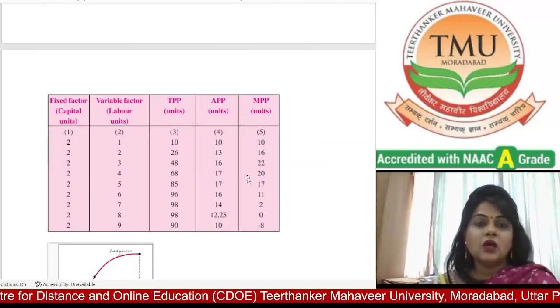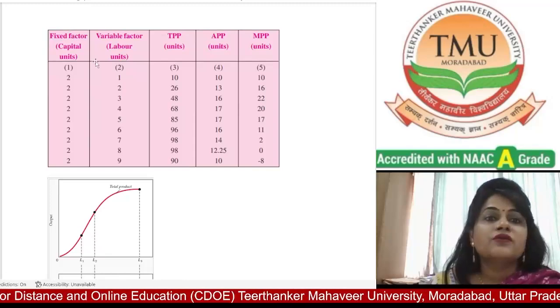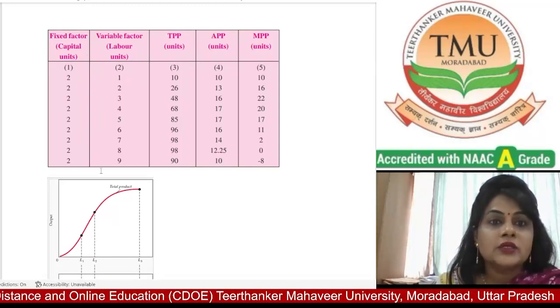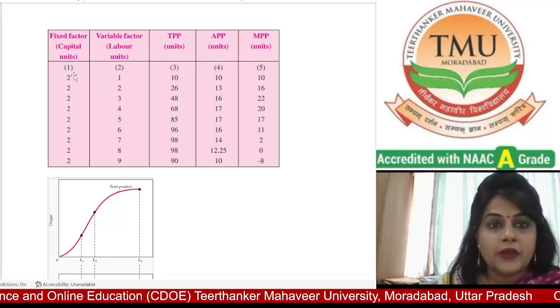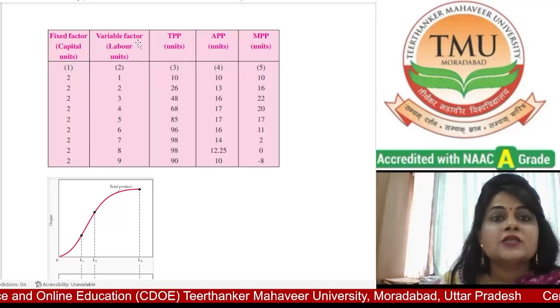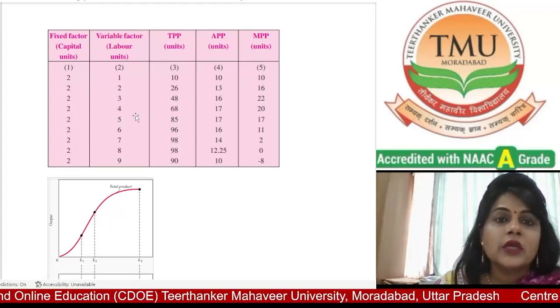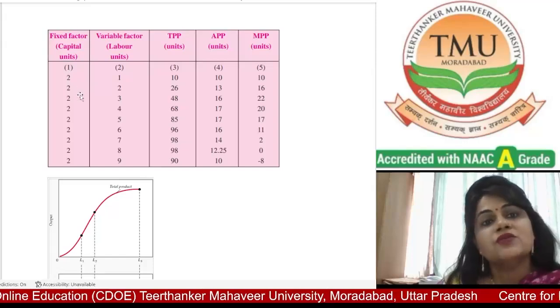Now, with the help of the table, suppose the fixed factor, capital, is 2 units. Only the fixed factor, capital, is fixed, and the variable factor is increasing according to the output.